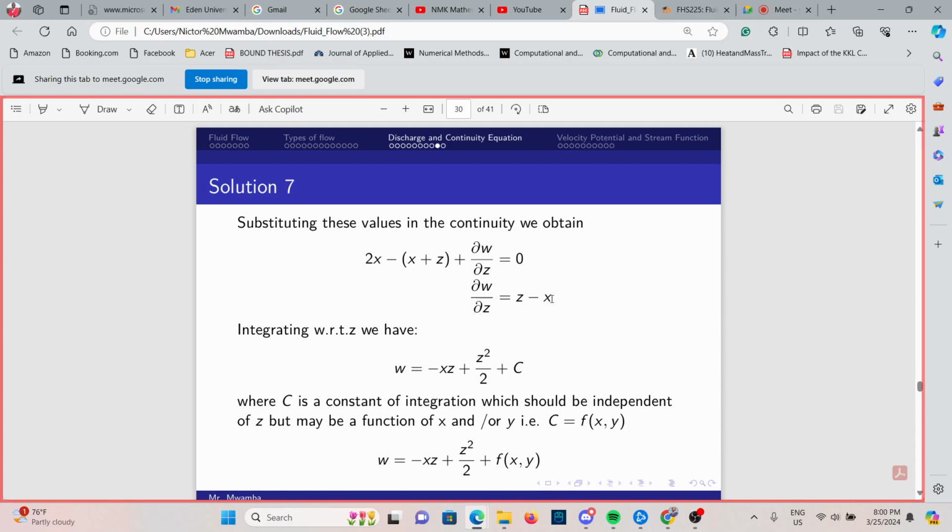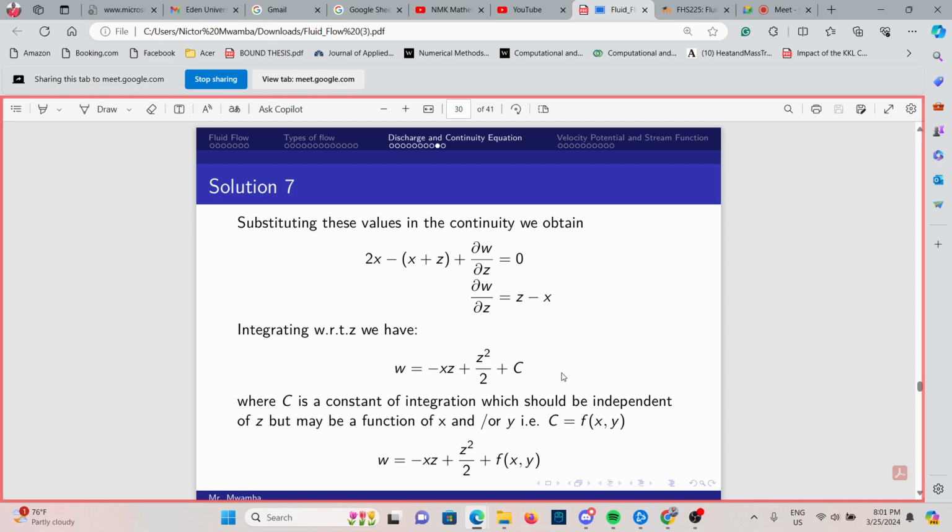It will be now z to the power 1, and that's why the z is appearing. Then divide by that 1. You remain with the same thing here. Integrating this term with respect to z, the power of z is 1, so increase it by 1 to become squared. Then divide by the same new power that you obtain, that is the 2 that we have there. Then plus a constant.